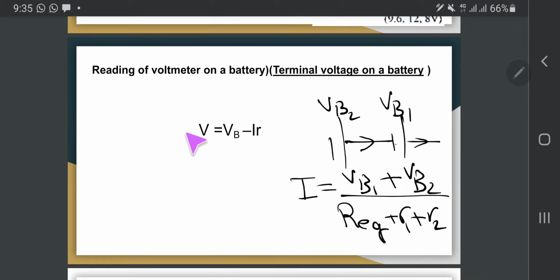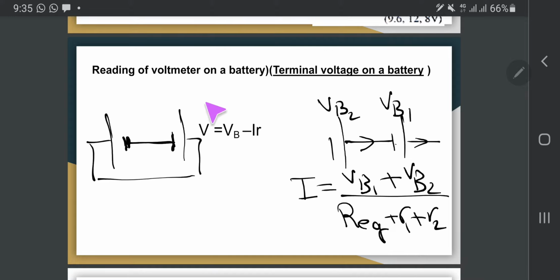But if the batteries are in this shape, negative connected with negative, positive with positive, this is the same polarity.